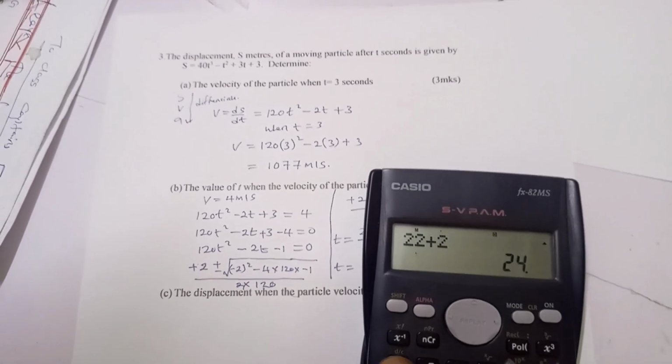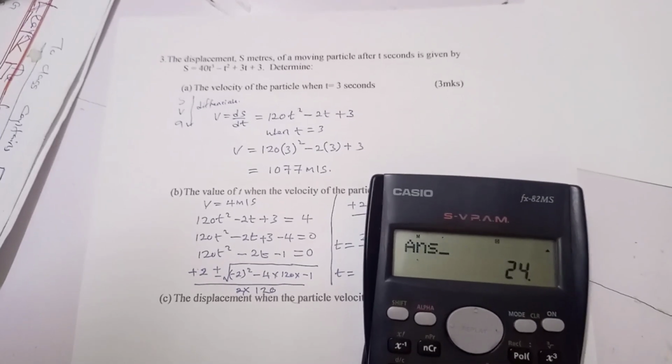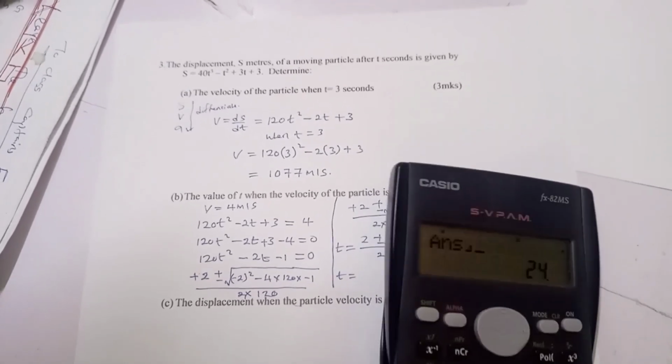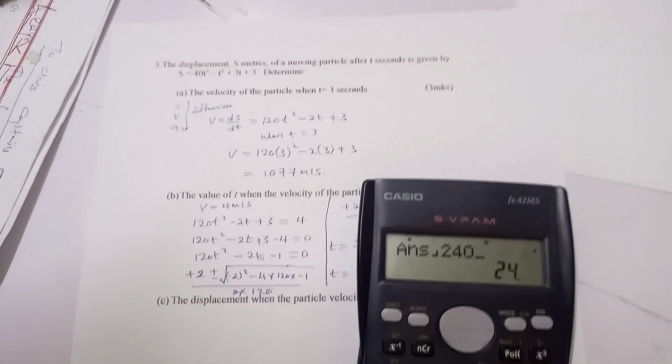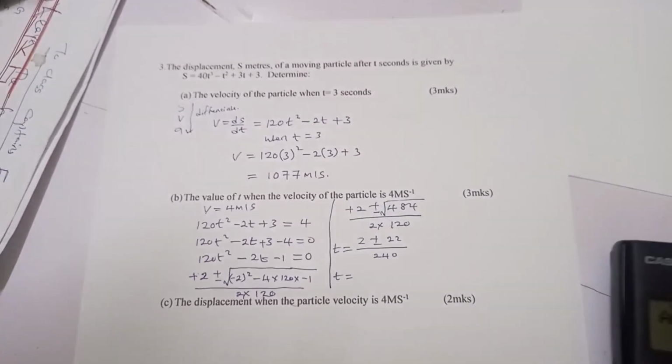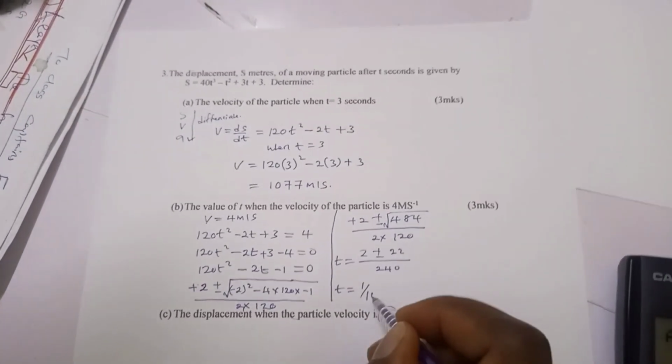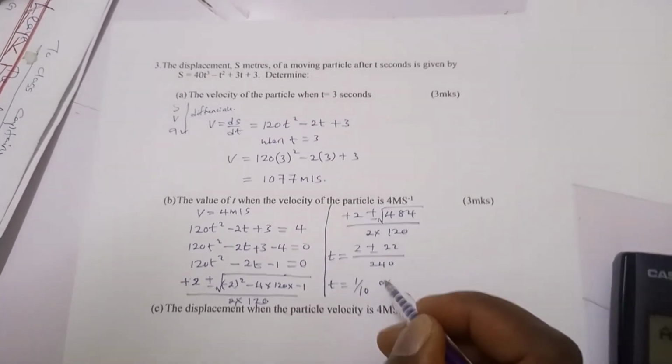22 plus 2 is 24, divided by 240, we get 1 over 10. So t equals 1 over 10 seconds.